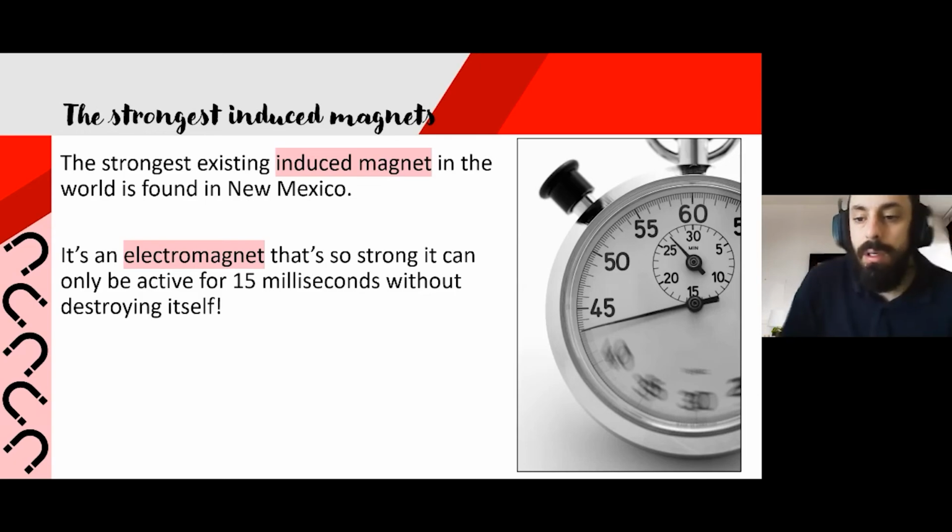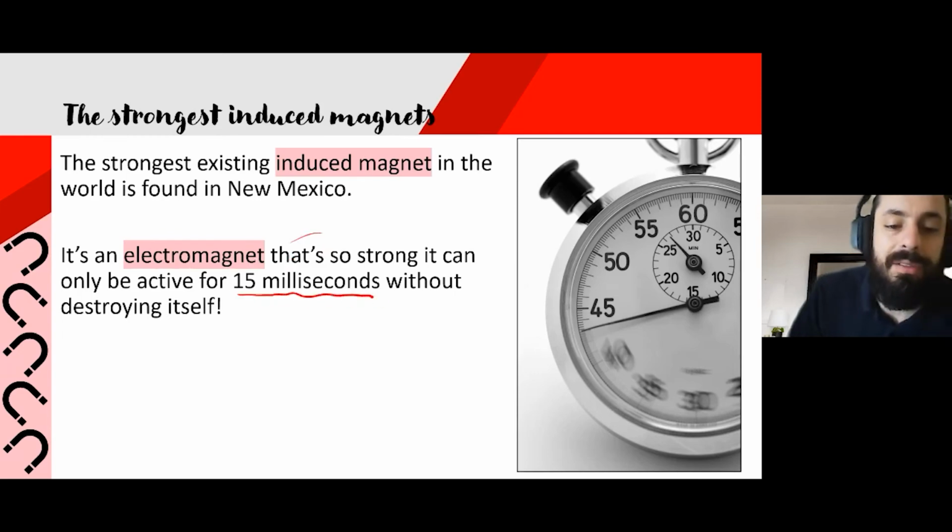Okay, so in New Mexico, they created such a strong electromagnet that if you turn it on for more than 15 milliseconds, it will destroy itself. So strong that it will just collapse and destroy itself, okay?